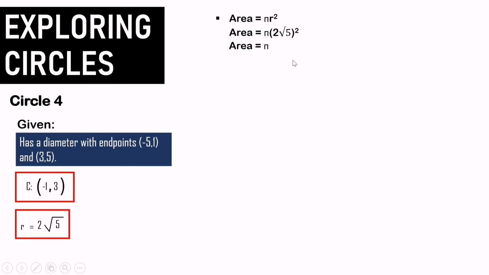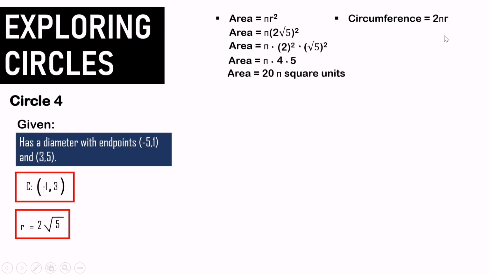So may mo na siyang pi times 2 squared times square root of 5 squared. So ang area nato is equal to pi times 2 squared is 4 times square sa square root kay mabilin ang sulod, no? Mabilin ang sulod. So square root of 5 squared is equal to 5. So ang area karon nato is 5 times 4, 20 times pi. So 20 pi square units.